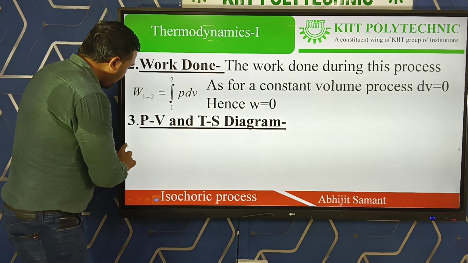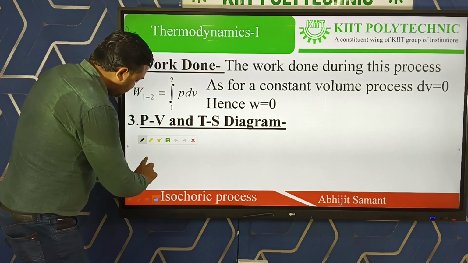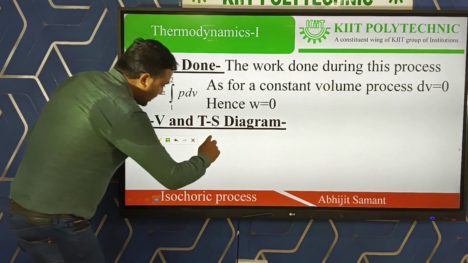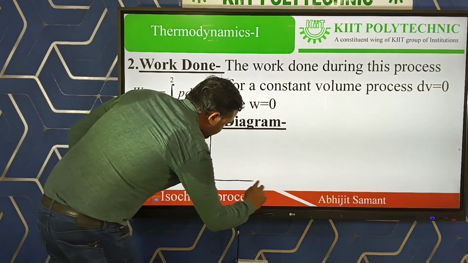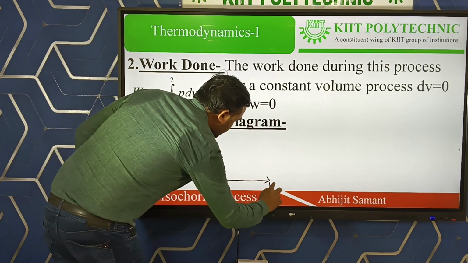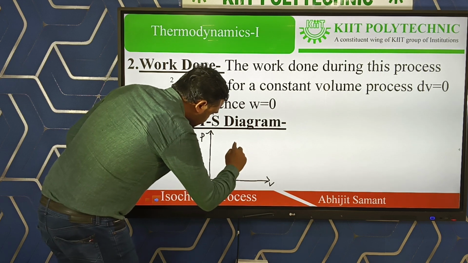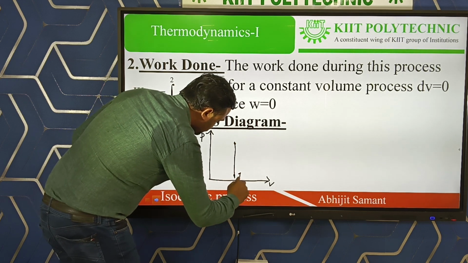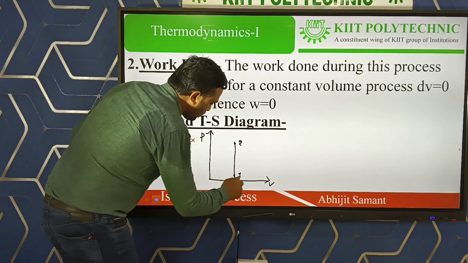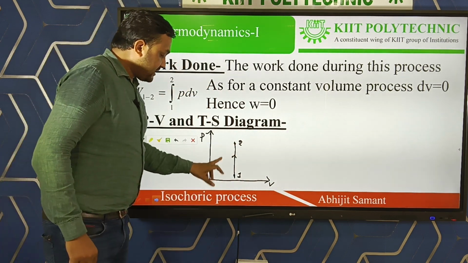Let us discuss the PV and TS diagrams for an isochoric process. For an isochoric process, in the pressure volume diagram, as volume remains constant, the line is drawn like this. This is state number 1, this is state number 2, and the graph is like this.